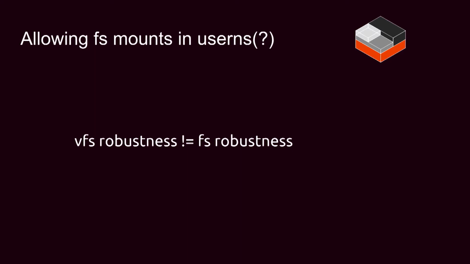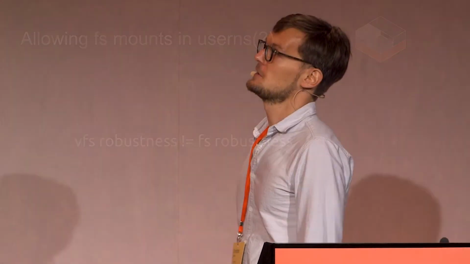Just because the VFS is at a point where it can, with reasonable certainty, state that we are robust enough to allow file system mounts in non-initial user namespaces, the individual file systems also need to guarantee that they can deal with a hostile userns root.